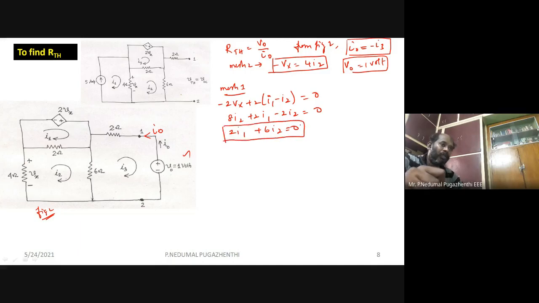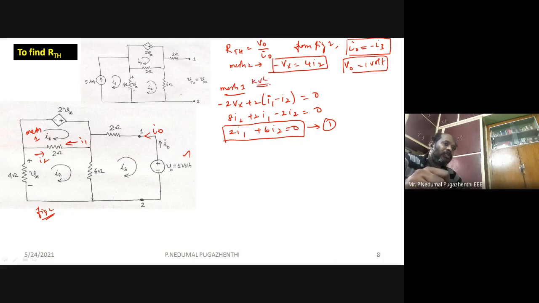Any doubts so far? From this first mesh, you can see the current is entering the voltage source minus 2 Vx. So minus 2 Vx plus 2 into I1 minus I2 is the voltage across the resistor, using KVL.